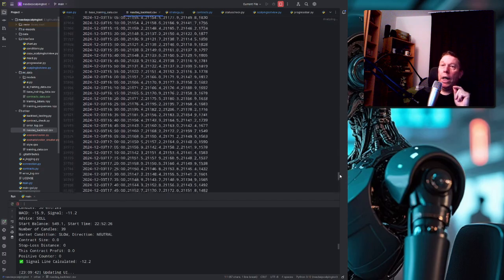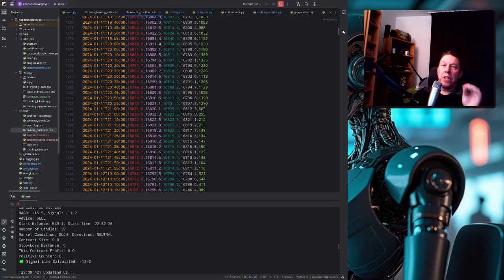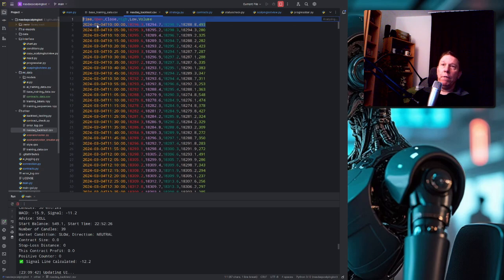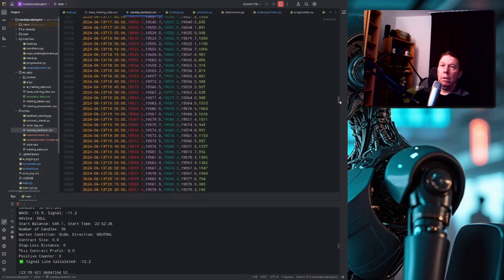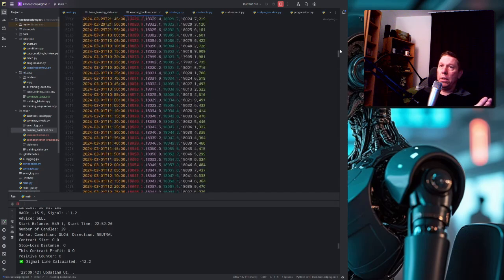While I was busy with the backtesting, I grabbed each and every 5-minute candle from 24 until December 24th. So of an entire year, I grabbed each and every 5-minute candle. And when I'm looking at this, did I not see the 1st of January?